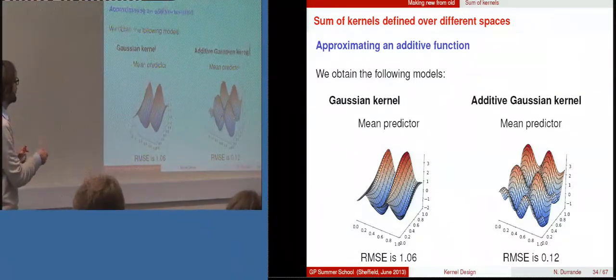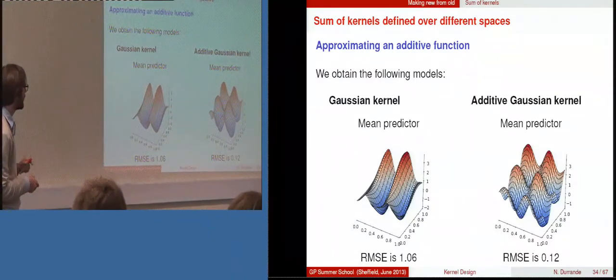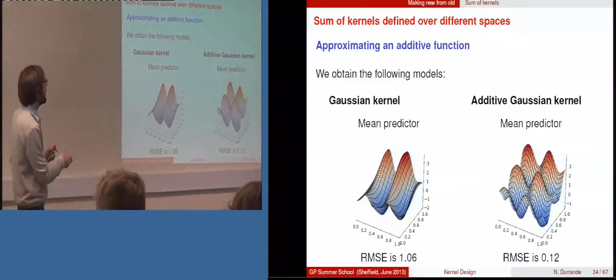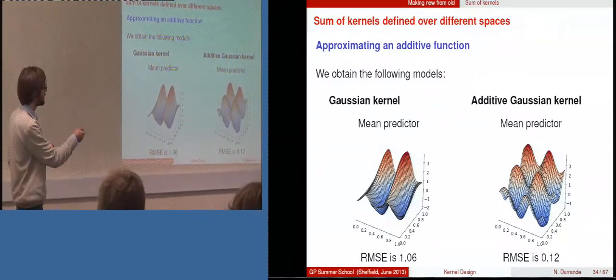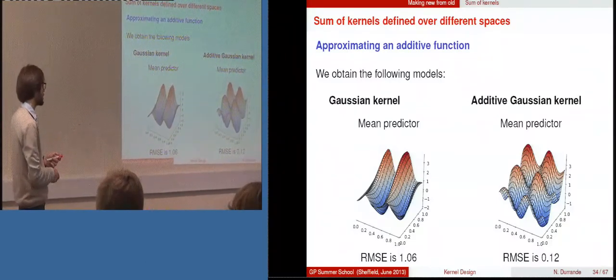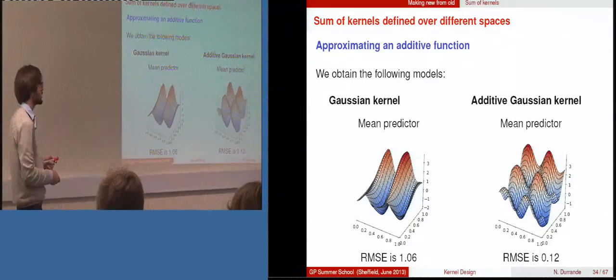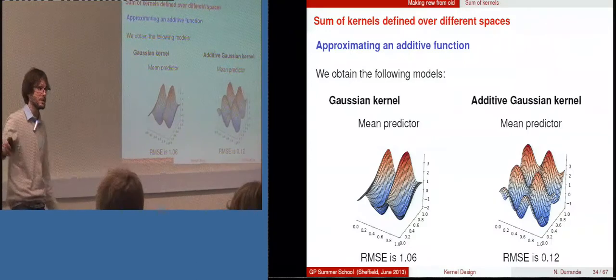So we have a usual kernel, which is what we have for the main predictor, and as you can see, it's not an additive function. We compare it with somewhat the same one, but defined with an additive kernel. Here the root mean square error is equal to 1, and here it is equal to 0.12, so there's a tenfold difference between the two RMSEs.